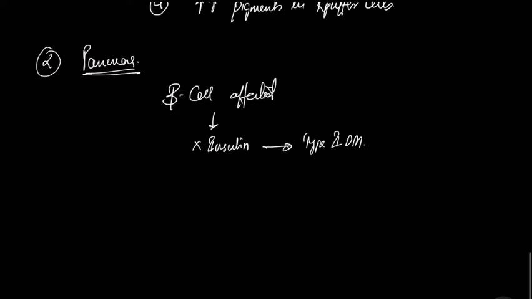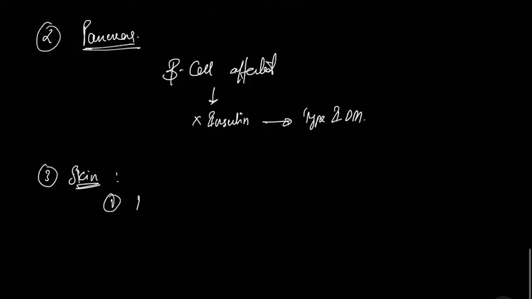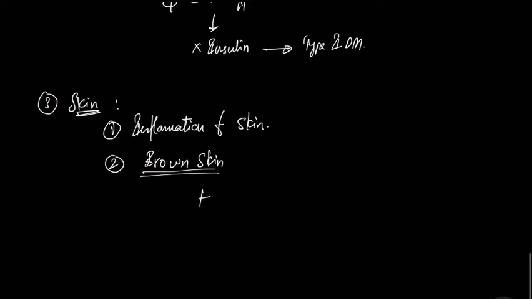All right. Now, thirdly, your skin. All right. So what happens in your skin is that there is inflammation of the skin. All right. And secondly, the skin turns brown. It's called brown skin. So what happens here is that there is hemosiderin deposit in skin.